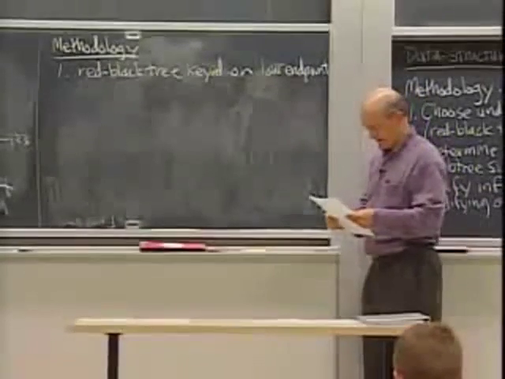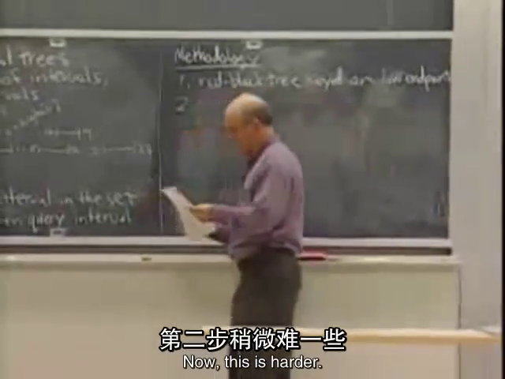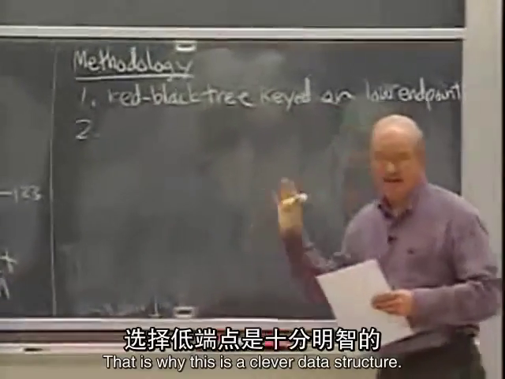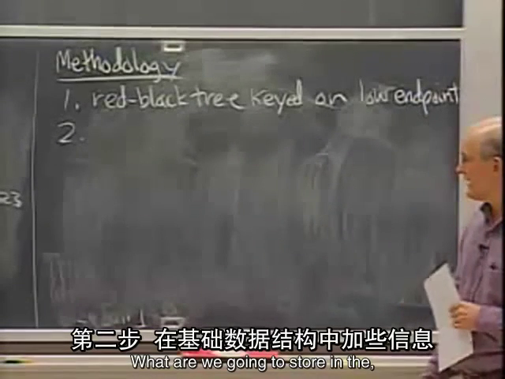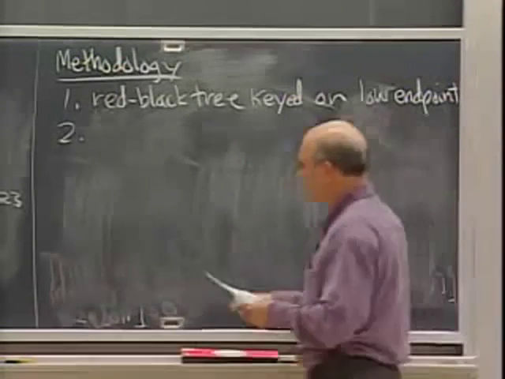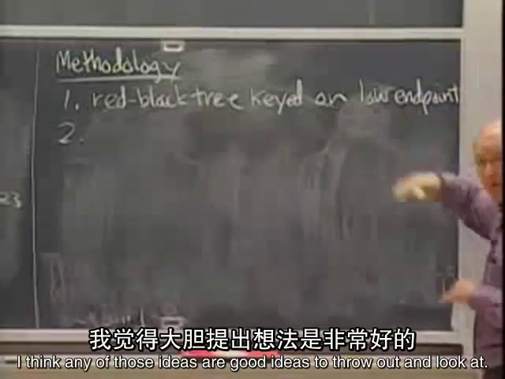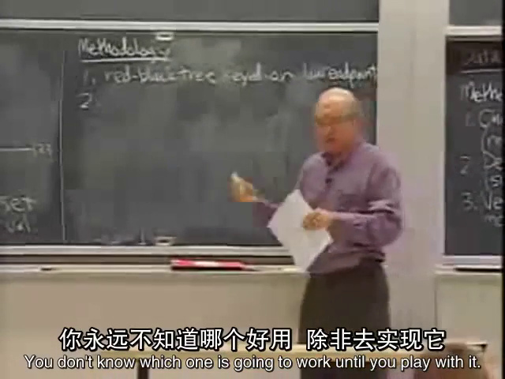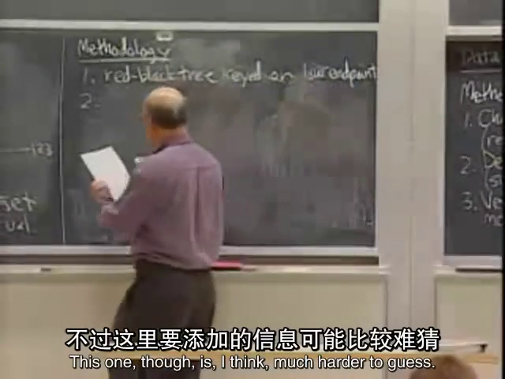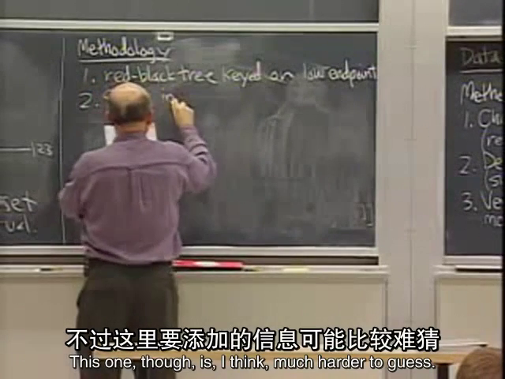That's why this is a more clever data structure in some ways. Okay, now this is harder. That's why this is a clever data structure. So what are we going to store in the node? Any of those ideas are good ideas to throw out and look at, and you don't know which one is going to work until you play with it. This one, though, is much harder to guess.